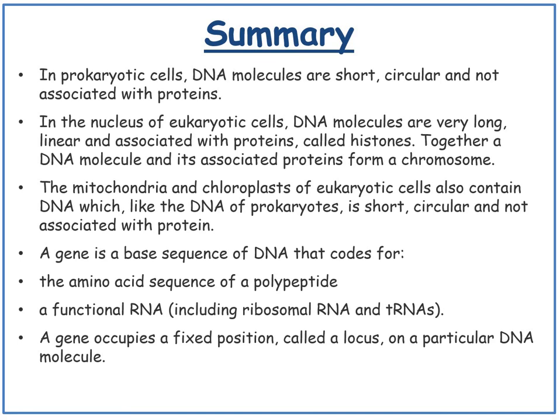The mitochondria and chloroplasts of eukaryotic cells also contain DNA, which, like the DNA of prokaryotes, is short, circular, and not associated with proteins. A gene is a base sequence of DNA that codes for the amino acid sequence of a polypeptide, or a functional RNA, including ribosomal RNA and tRNAs, and a gene occupies a fixed position called a locus on a particular DNA molecule.